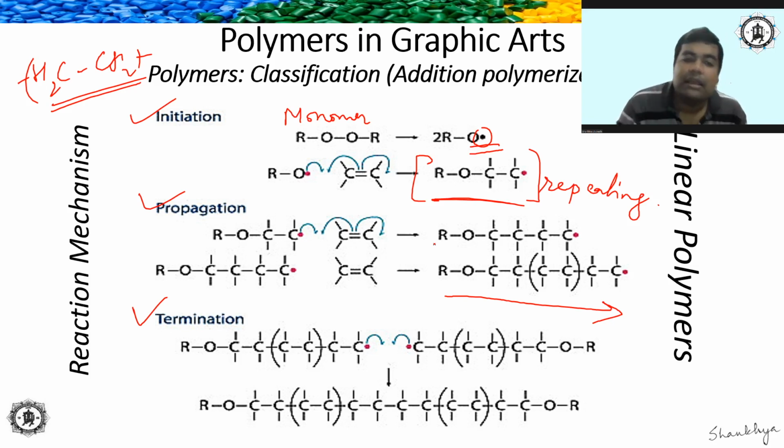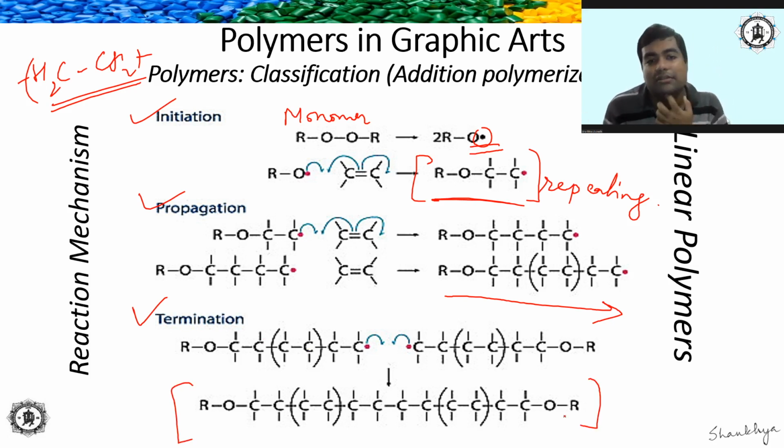So propagation means acceleration in the process of polymerization. Finally, when there are no more free radicals, when there are no more monomers to attack, that means all the monomers in the system have been utilized, so you cannot increase the length of the polymeric chain. During that time, the reaction comes to a standstill. This last phase is thereby known as termination of the reaction.